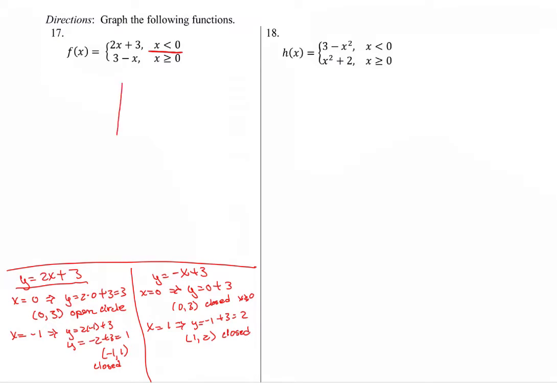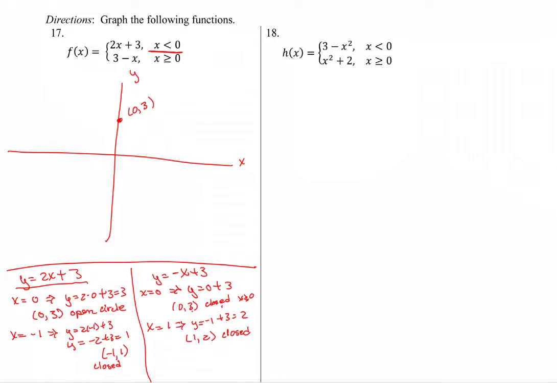All right, so now we're going to go over here and graph this function. So we have the point (0, 3) up here. And that exists for both of them. On one side it's closed and on one side it's open.